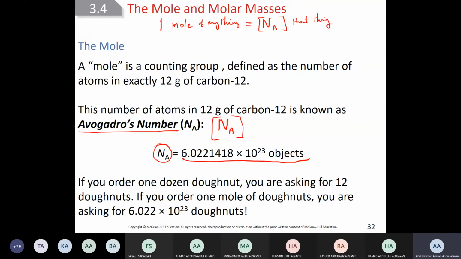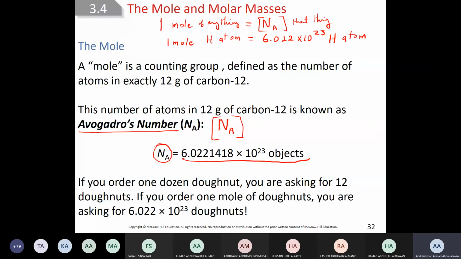If I have 1 mole of hydrogen atoms, how many is this? 6.022 times 10 to the power 23, and then what you should say? Hydrogen atoms.